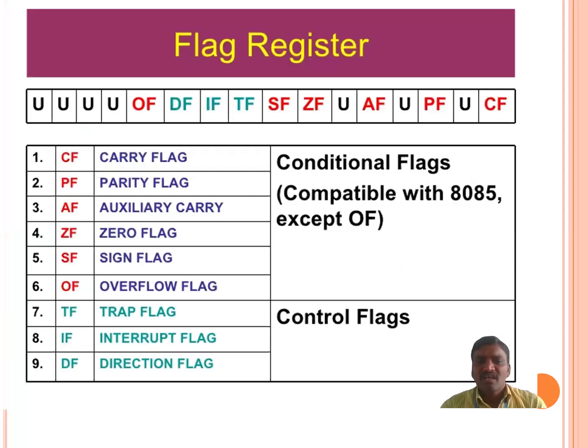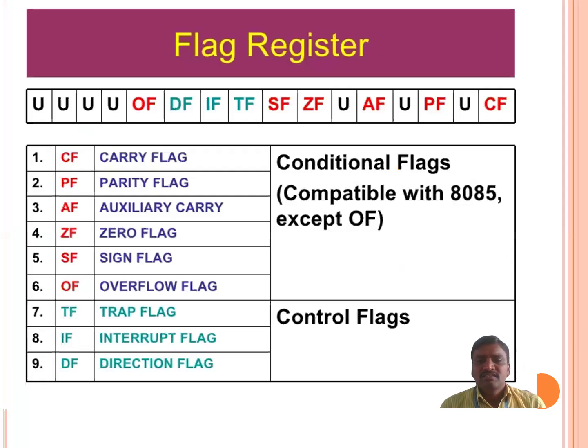The next one is the sign flag. What is meant by the sign flag? It defines negative numbers. Whenever you perform ALU operations between the given two numbers, if you get a negative result, the sign flag is set to 1. Otherwise, it is reset to 0.